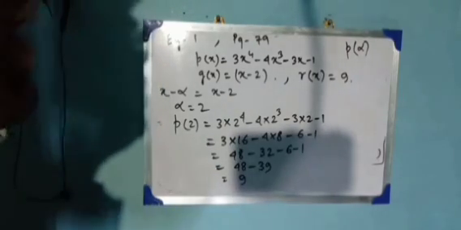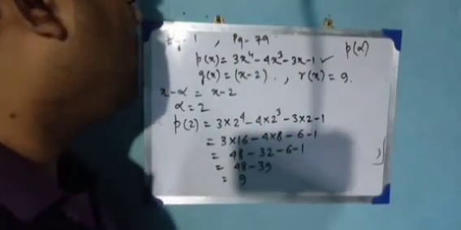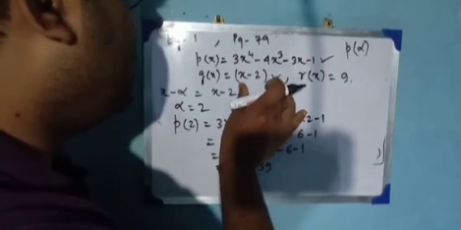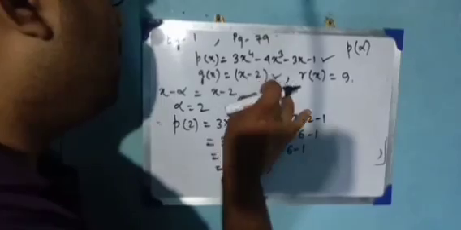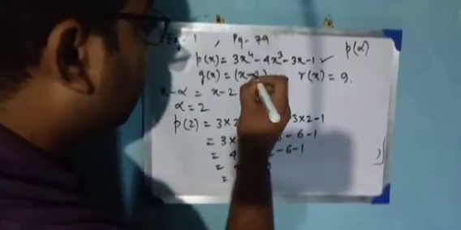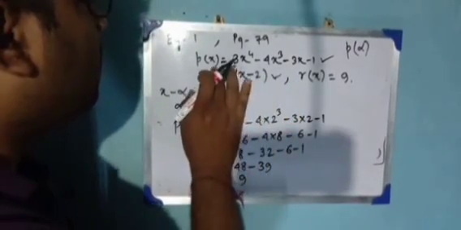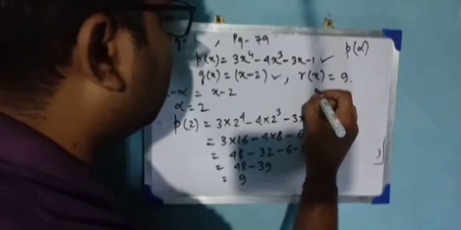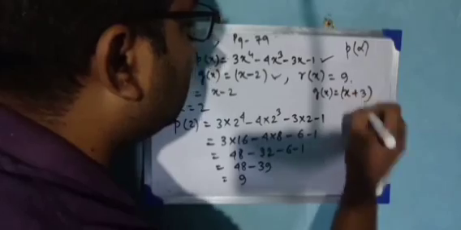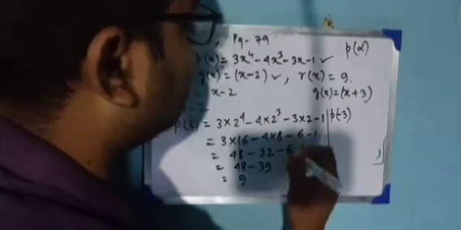So if we have to find the remainder when a given dividend polynomial is divided by any degree 1 polynomial like x minus 2, x minus 3 or x plus 3, note that when I take a minus sign here, I take a plus sign for alpha. If it is asked to find the remainder when P(x) is divided by g(x) equals x plus 3, then we have to find P of minus 3.